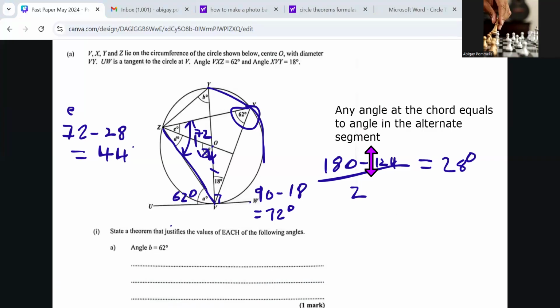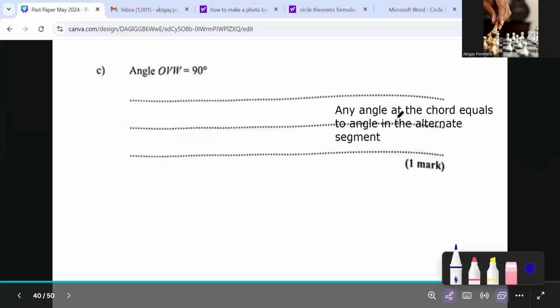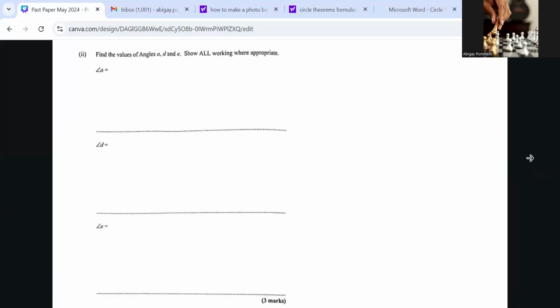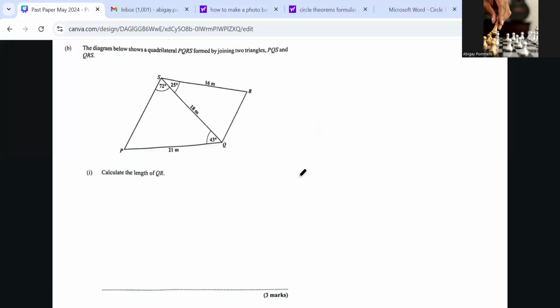All right, so moving on, we're going to number 10. Is this number 10? Oh, we reached 10 already. Okay.